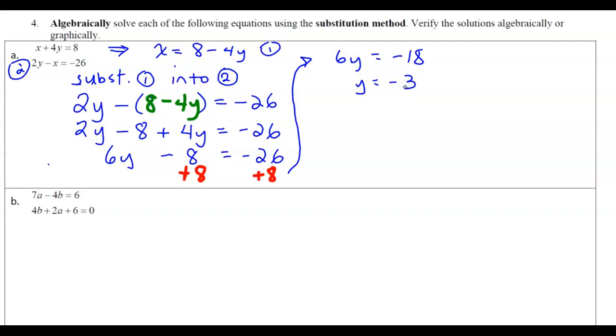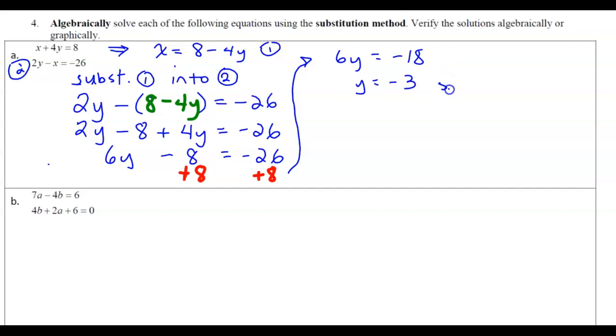So y is negative 3. Once you've got the y value, don't forget to put it back in and solve for x. If you forget the x, you don't get full marks, right? It's a system of equations that cross over in most cases, unless they're the same line or parallel. And so you need both coordinates.